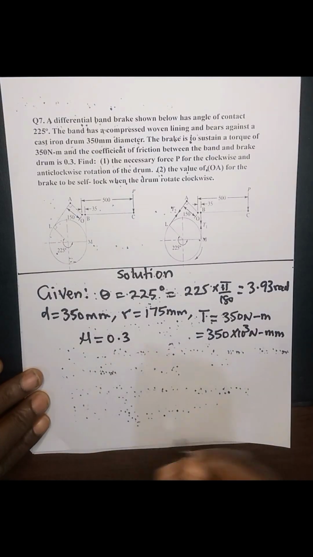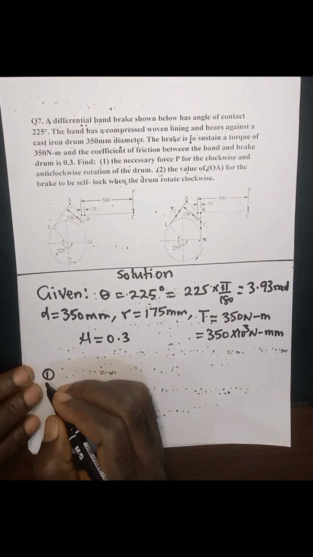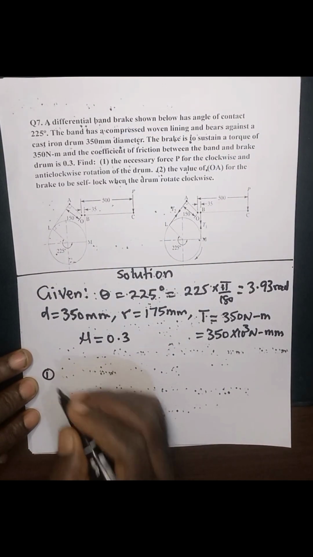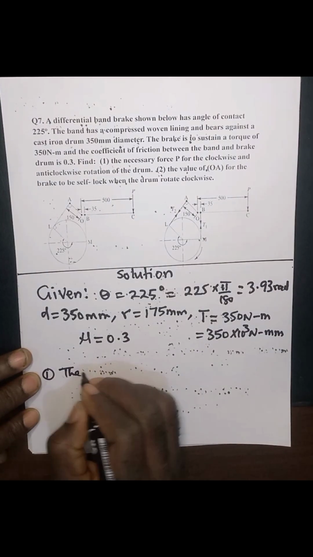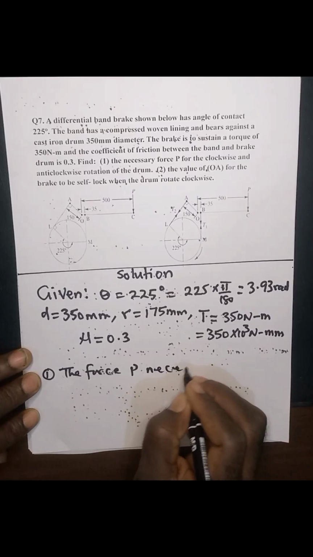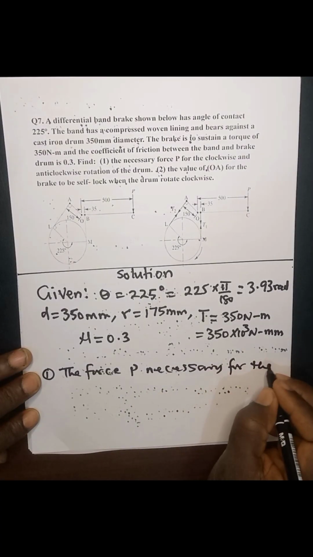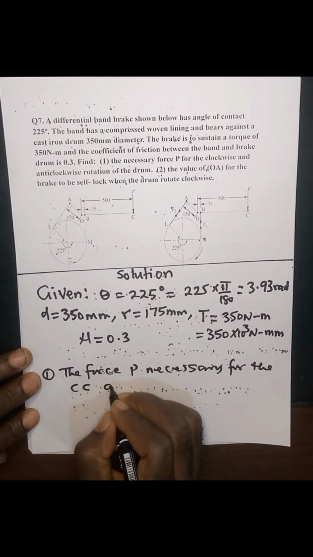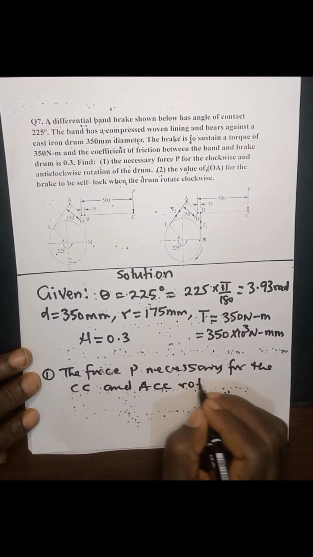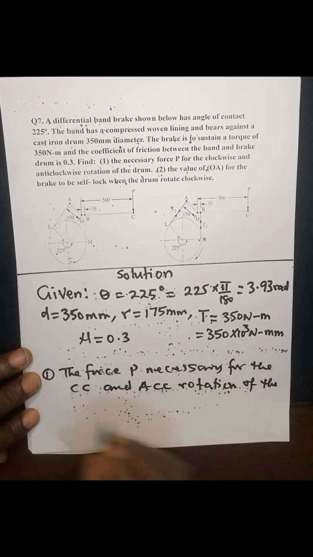We know that the first question is we have to calculate the force P necessary for the clockwise and anti-clockwise rotation of the drum.